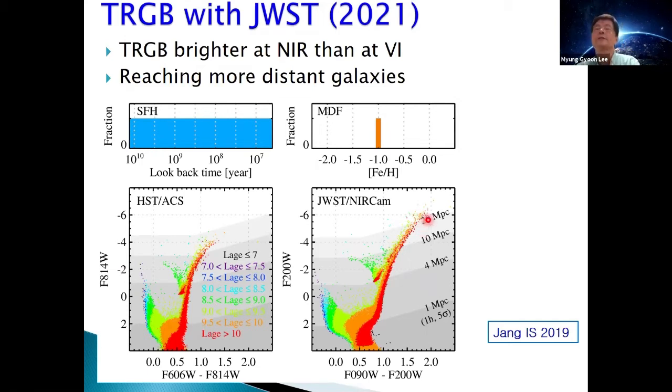So if we use the James Webb Space Telescope, which will be launched next year, then you can reach magnitudes fainter, so we can go further.